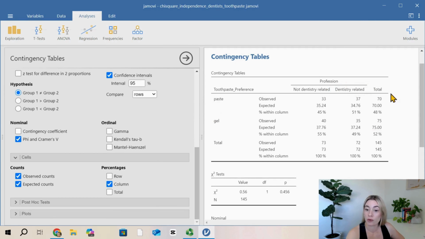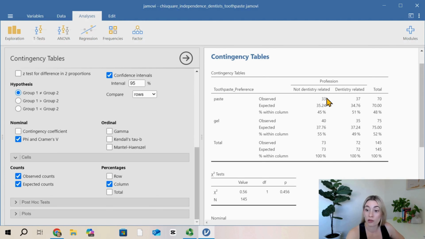If we look at the interpretation of our observed versus expected counts, expected count is the number of participants that we would expect to be in this combination if there was no relationship between profession and toothpaste preference. So we'd expect to see 35.24 people.